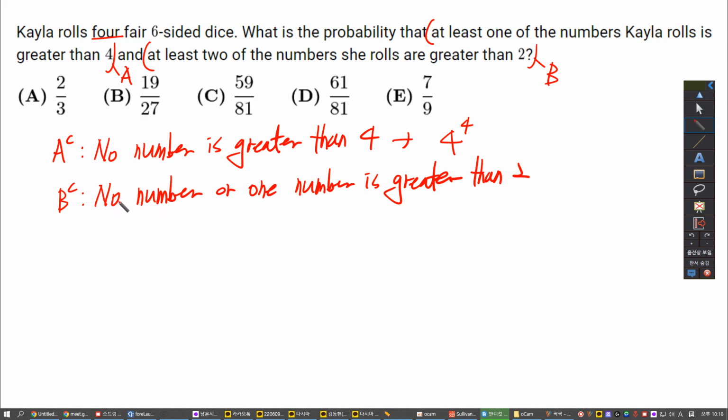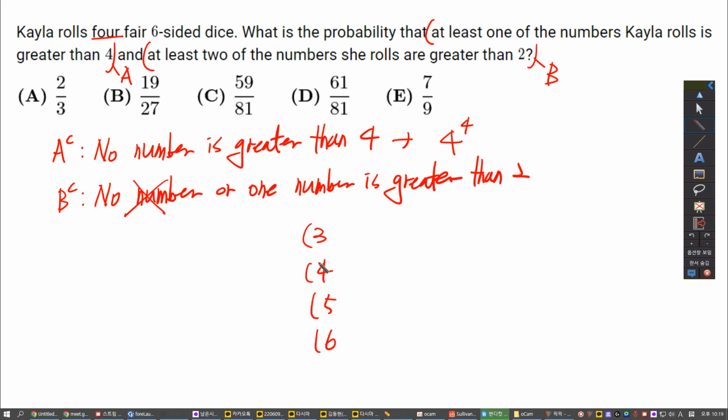So let's first think of the case when no number is greater than two. That means all numbers are made of 1 and 2. But this case is already included in A's complement, so we don't have to think of this twice. That's redundant. And let's think of the second case, when only one number is greater than 2, which means we can think of four cases: 3, 4, 5, and 6.